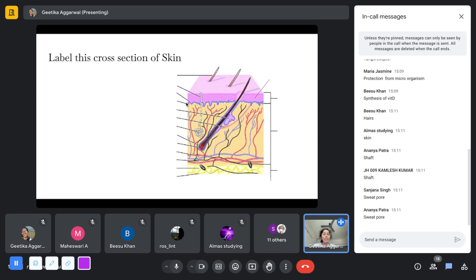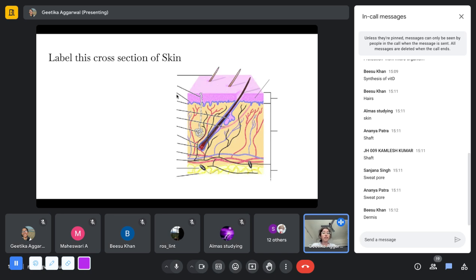Then here we have two things. One of them is like a valley and the other one is like a mountain. What are these things called? One curves downwards and one curves upward. Do you know what these are called? Yeah, it starts the dermis layer.